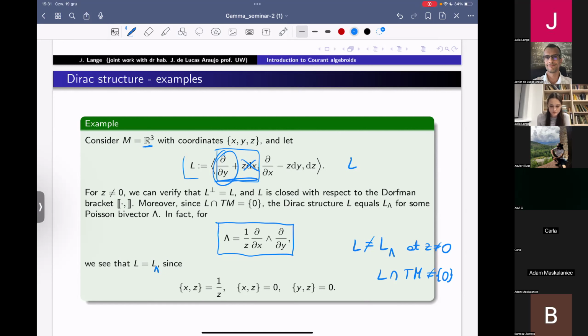For example, as I said, Jacobi or contact are the easiest ones. Yeah, but in this talk, I wanted to focus on Poisson.